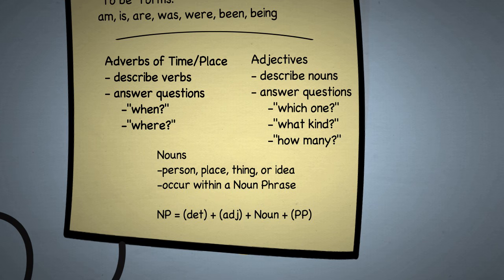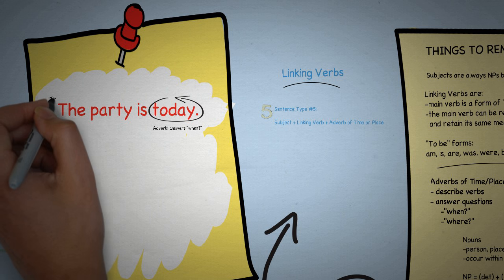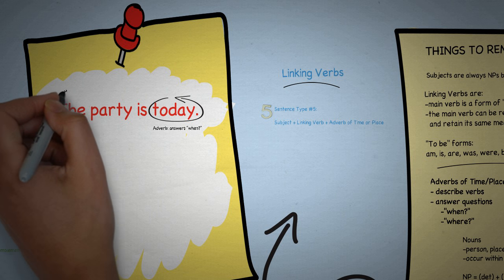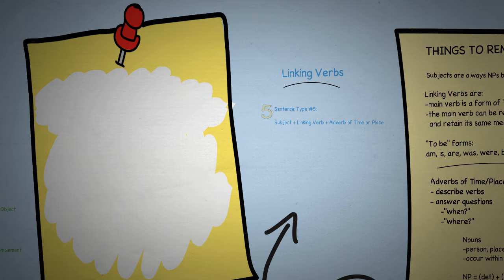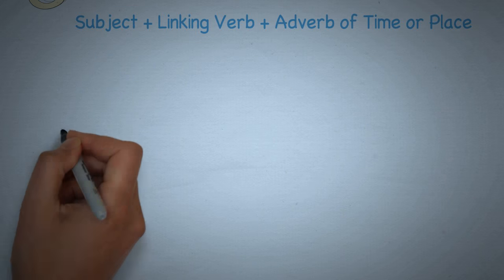When we have words that answer when or where, these are adverbs, and we call this sentence structure number 5. Subject plus linking verb plus adverb of time or place. Other adverbs of time or place might be here, there, now, later, or then.